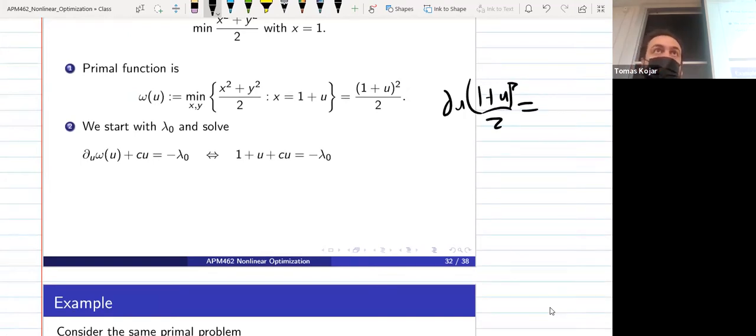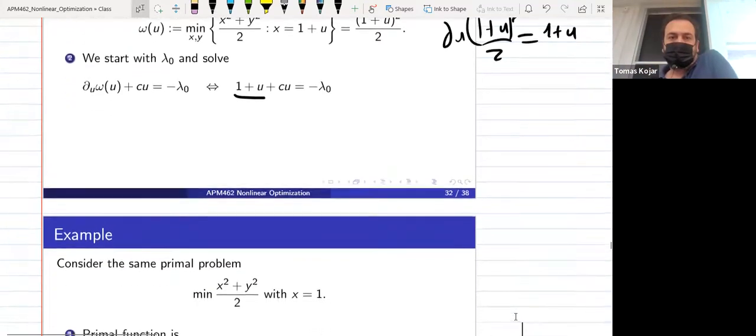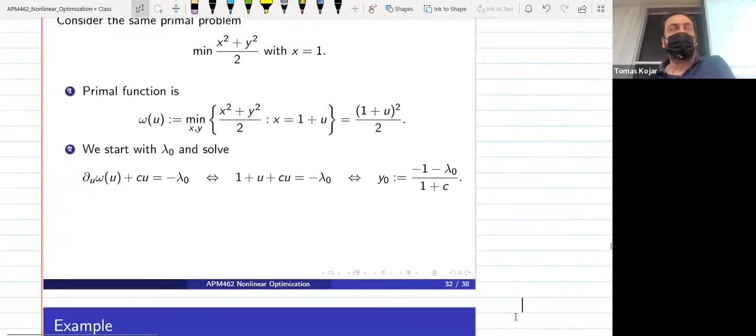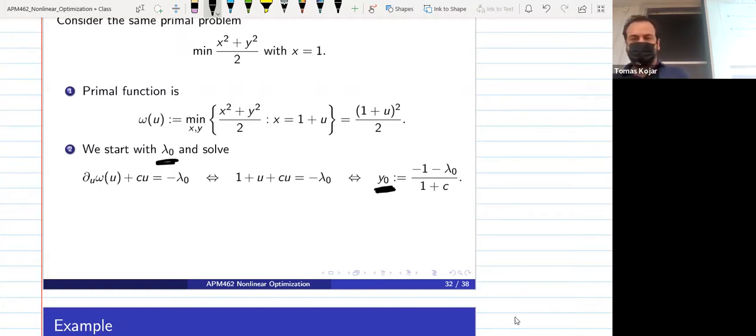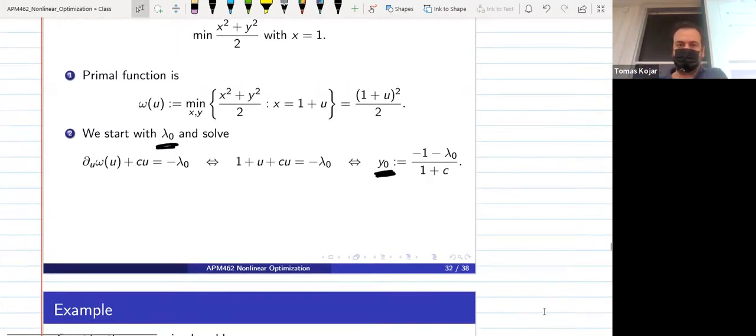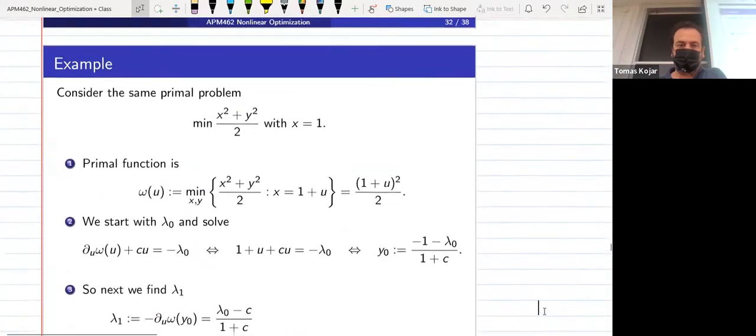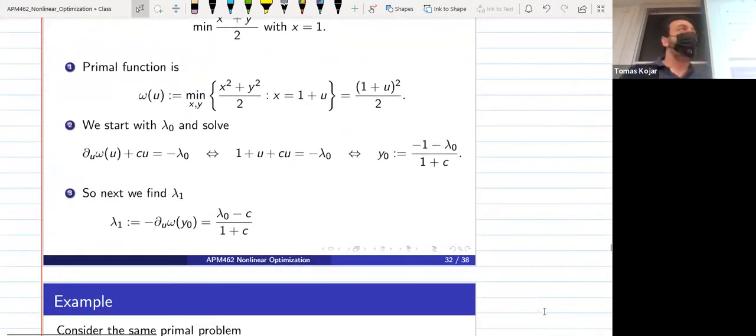Yeah, it's 1 plus u. So we have 1 plus u here, and I solve for u and I get my first spatial step. So I started with the multiplier, and I got my first spatial step. All right, now I need to find my next multiplier.